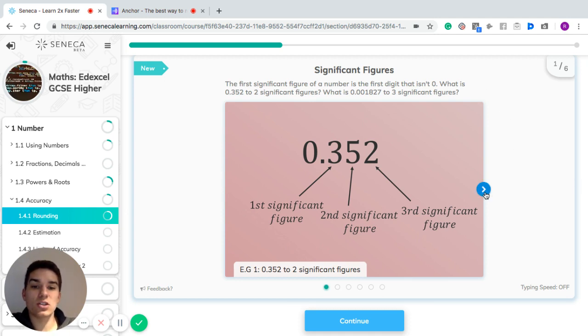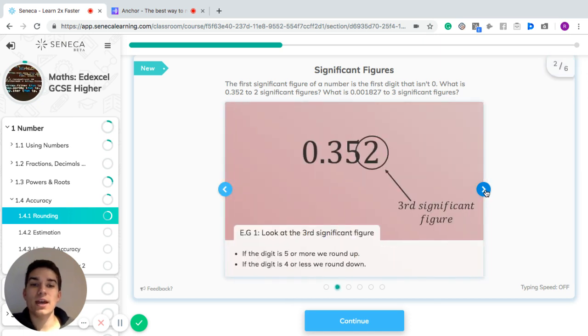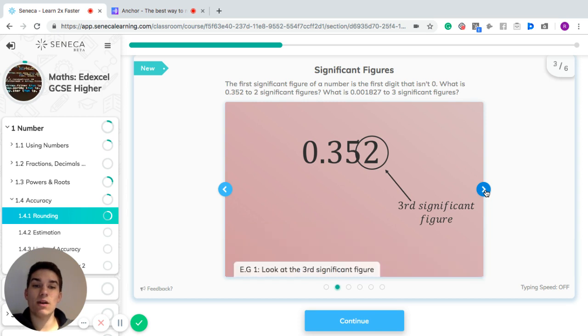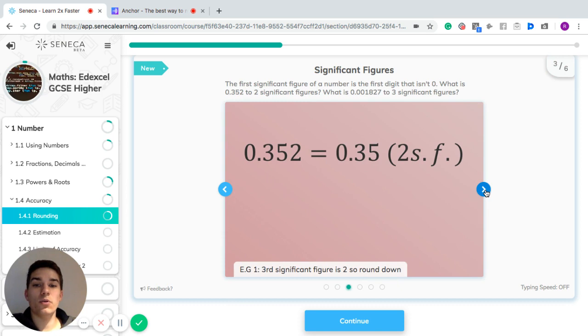If you're rounding that to two significant figures, you're rounding it to the second significant figure, which in this case is 5. So again, we look at the next digit, the third significant figure. If it's a 5 or more, we round up, and if it's a 4 or less, we round down. In this case, the digit is 2, which is 4 or less, so we round down. That means 0.352 to two significant figures is 0.35.